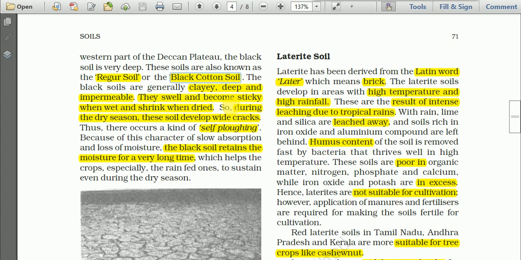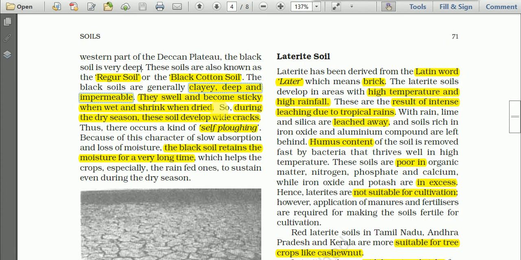because this soil is very much suitable for cultivation of cotton. And about the characteristics of the black soils, they are generally clayey, deep, and impermeable. It consists mainly of clay, and it is very thick and impermeable, so it is very difficult for water to pass through.